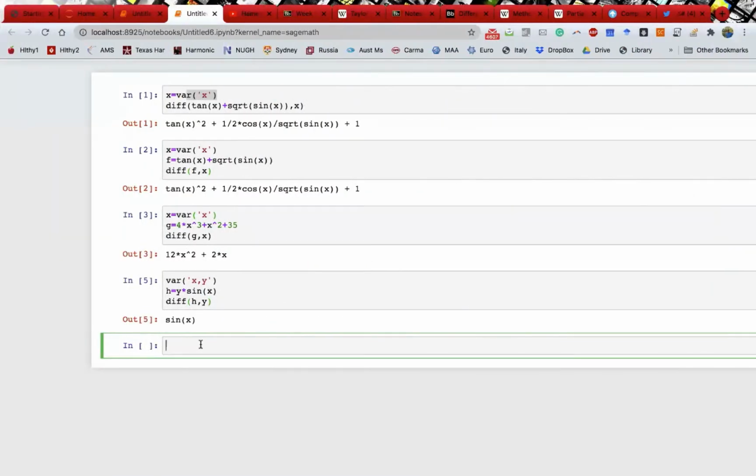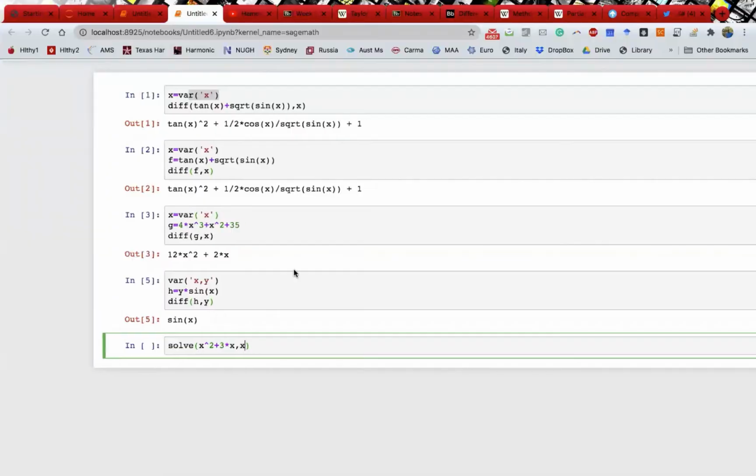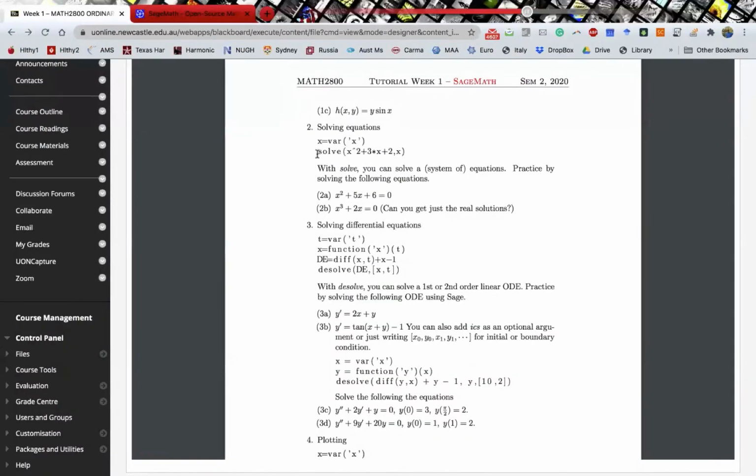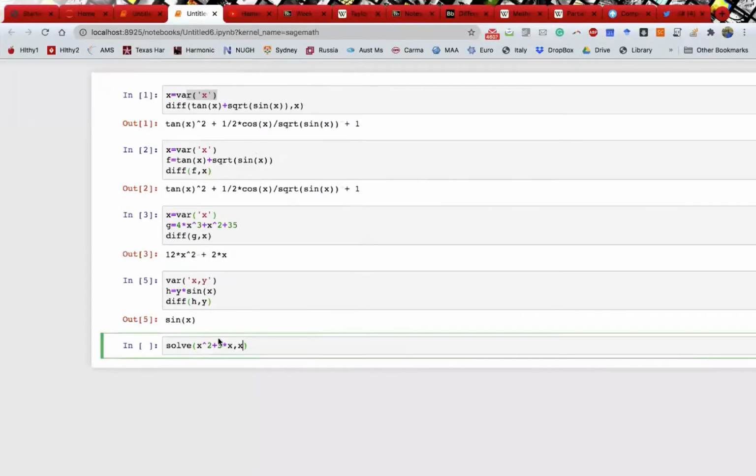Very fast. Solve. I don't get notifications via the chat, so I wish I could hear you. x squared plus 3 times x. That's enough. I'm solving this question. Okay, sorry, 5x plus 6.